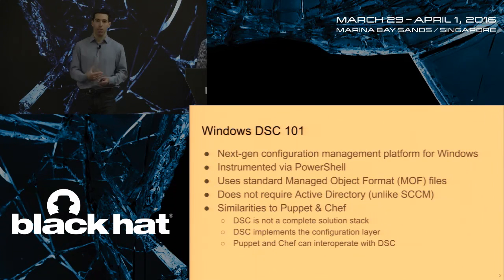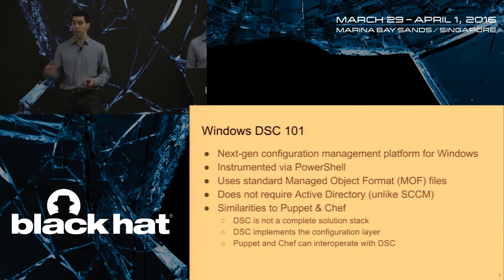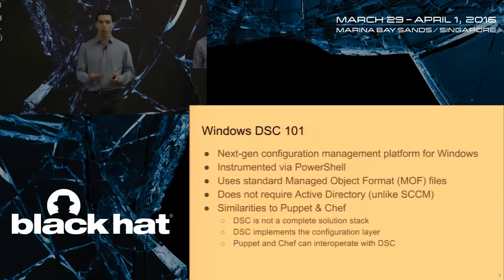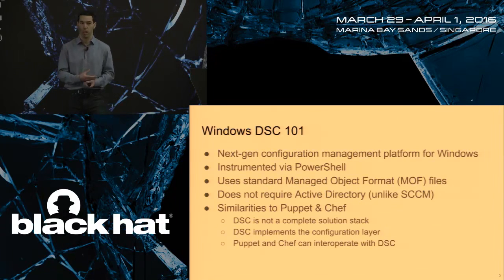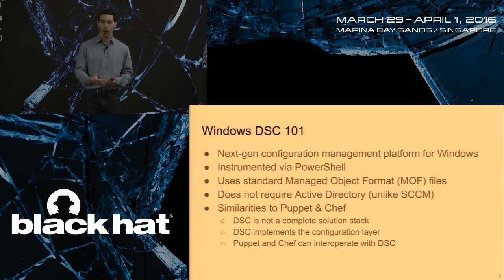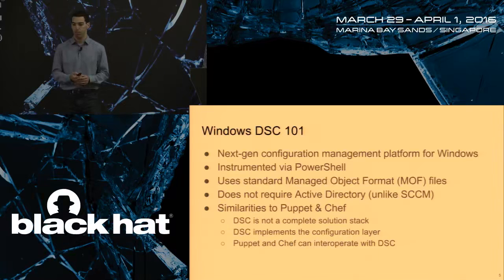There are a lot of similarities in DSC to Puppet and Chef. In truth, there are some distinctions in that DSC is not a complete solution stack as Puppet or Chef are. You can think of DSC as the engine that's enforcing the configuration layer. In fact, Microsoft has done work to make DSC interoperable with some of those other technologies.